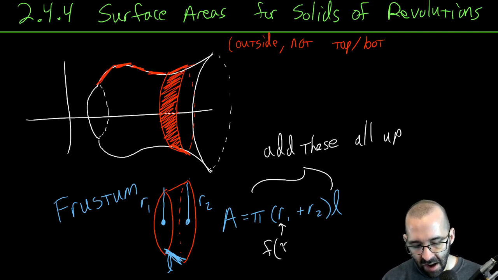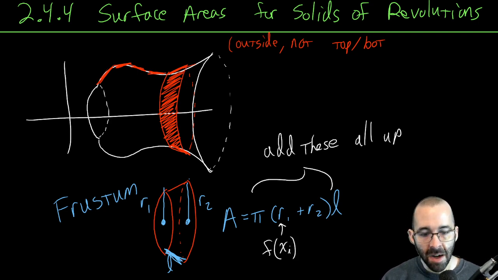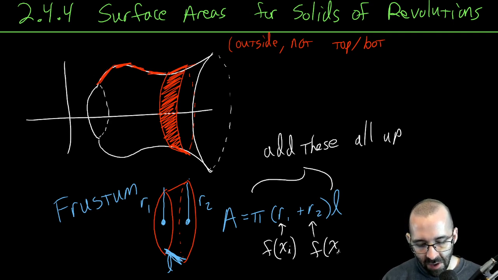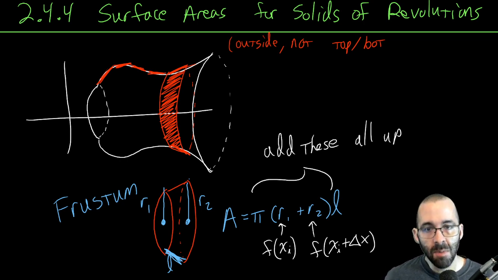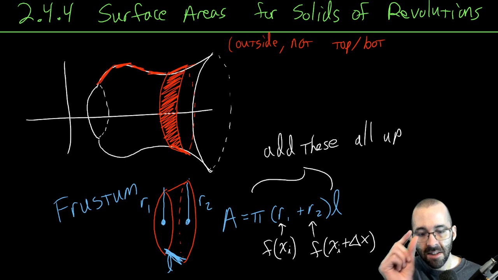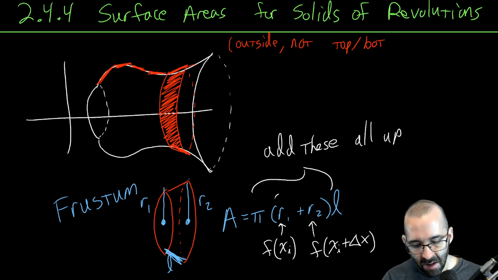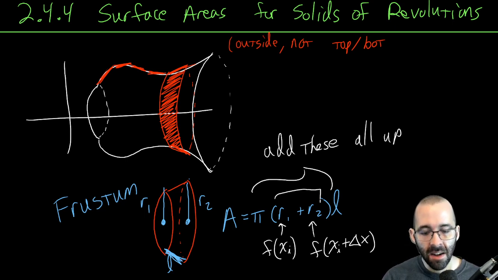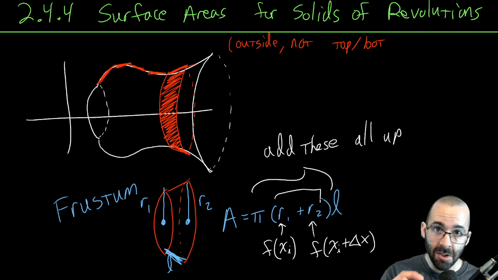We could call this f evaluated at some x sub i. And the second one is also going to be a function value, but delta x later. And remember, delta x is getting really, really small. So as delta x is going to 0, as these are getting thinner and thinner, these become the same thing because our function's continuous.